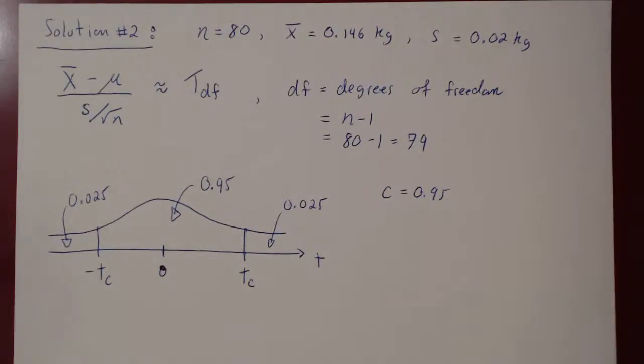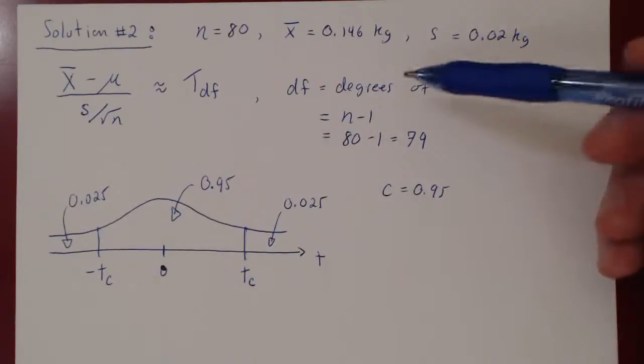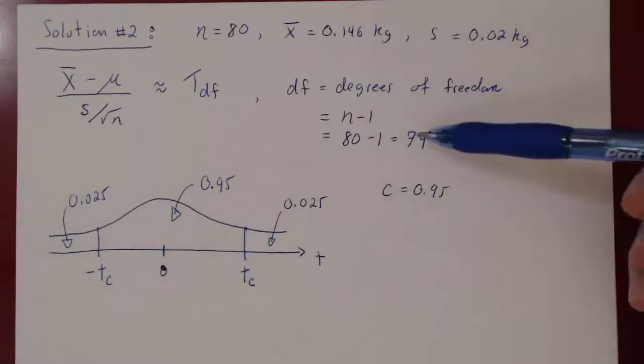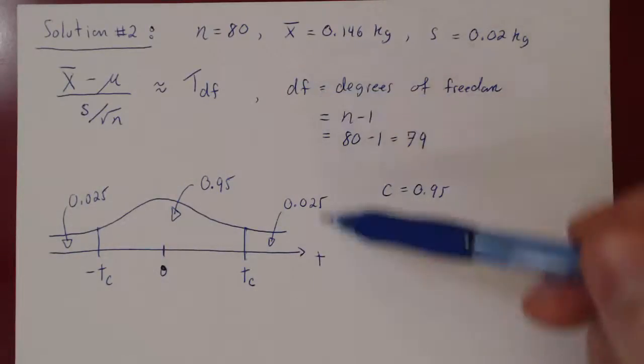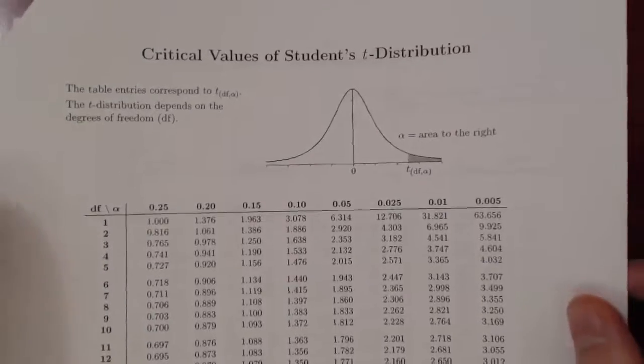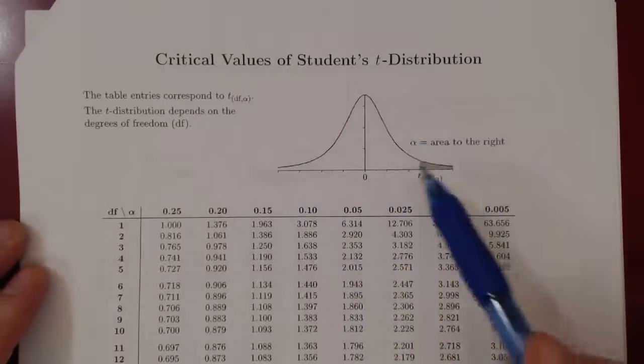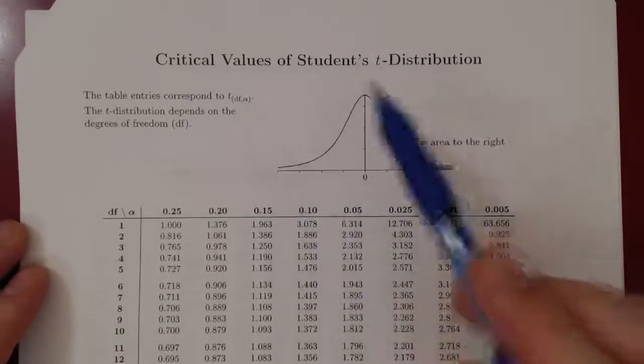So we use the table for the t distribution. And you'll see that it's quite easy to read. It will depend on the degrees of freedom and the area to the right, as you will see from the picture. So here's the t distribution. You see it looks a lot like the standard normal distribution.